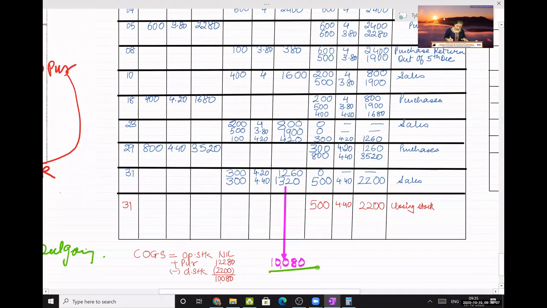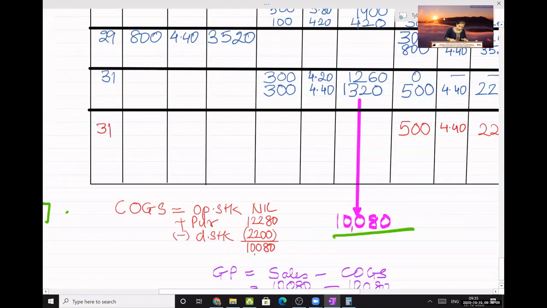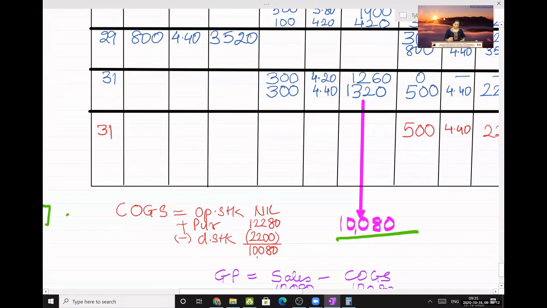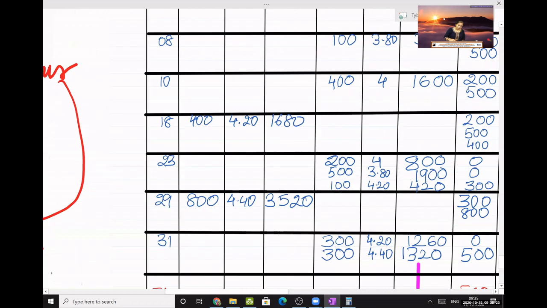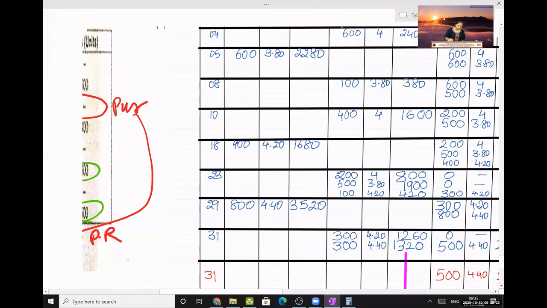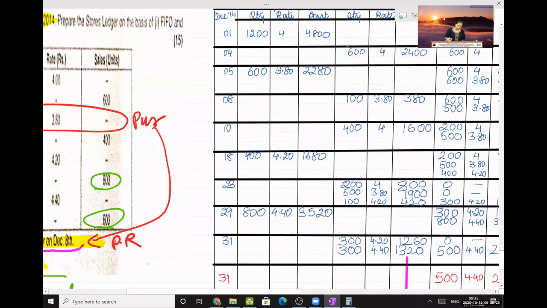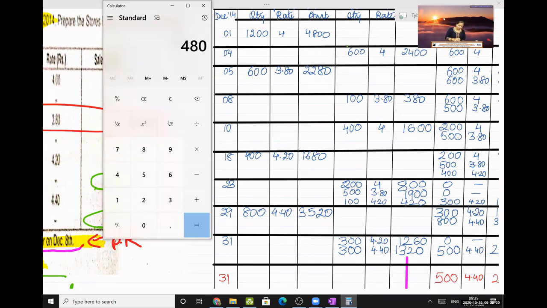Apply the formula, you will get the same answer. Opening stock is not there in the question, nil. Purchases, so you have to total all the purchases. 4,800 plus 2,280 plus 1,680 plus 3,520.